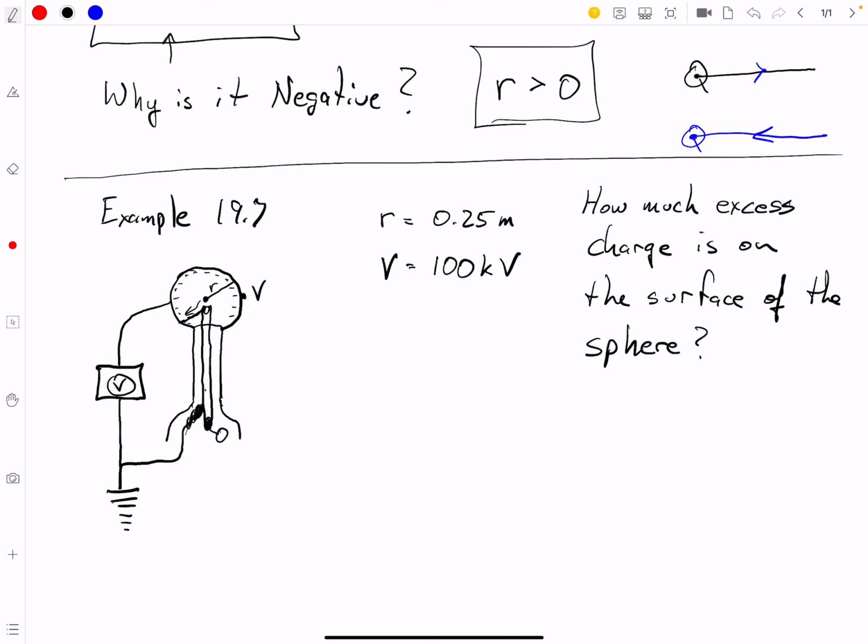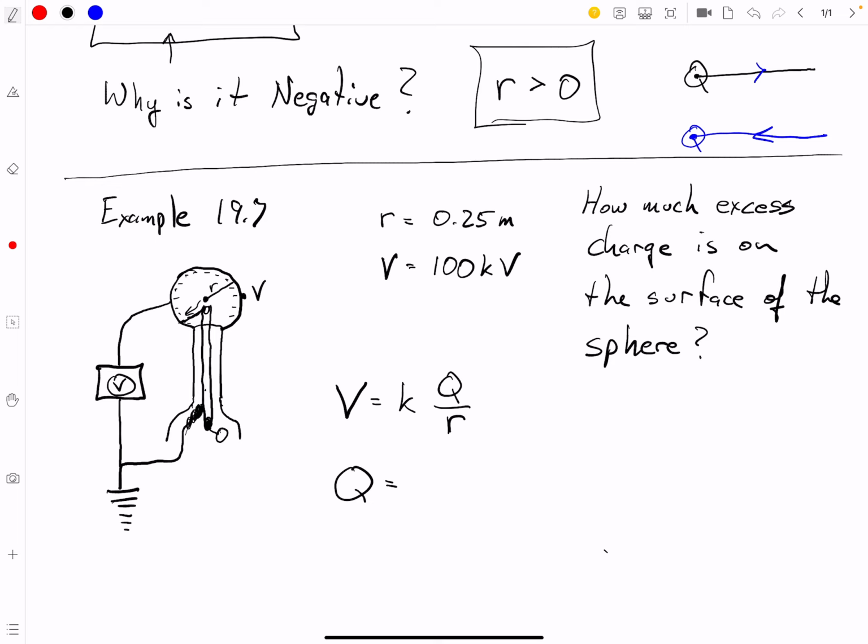All right. So the equation of choice at this point would be our V equals KQ over R. We know what V is, we know what K is, we know what R is. So we can solve that for Q. A little handy math.